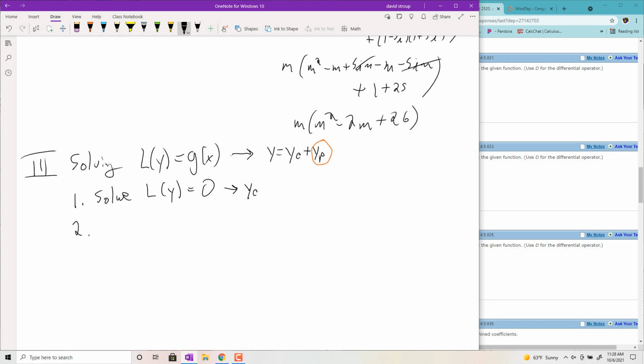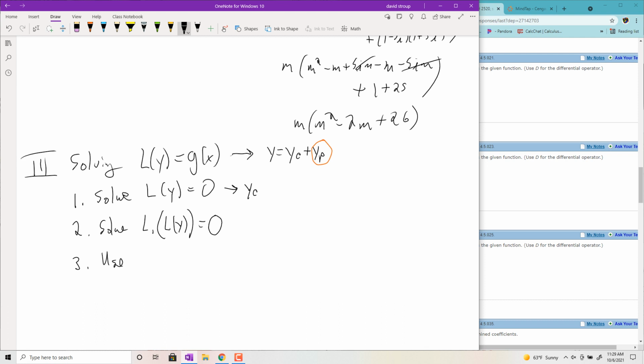Okay, so once you solve that, then you're going to find the annihilator of the g of x and apply that to the original differential equation. So you'll be applying some operator to this L of y thing, and what will happen there is it will turn it into another homogeneous differential equation, and then you can use your answers from 1 and 2 to find the abstract form of y sub p.